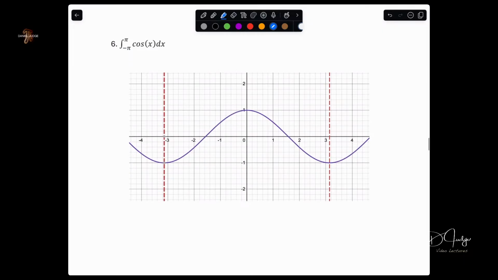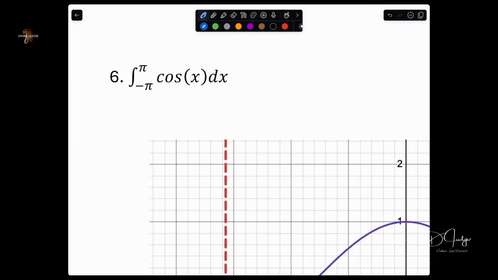Question number 6. We're going to look at the integral of cosine over the symmetric interval from negative pi to pi.